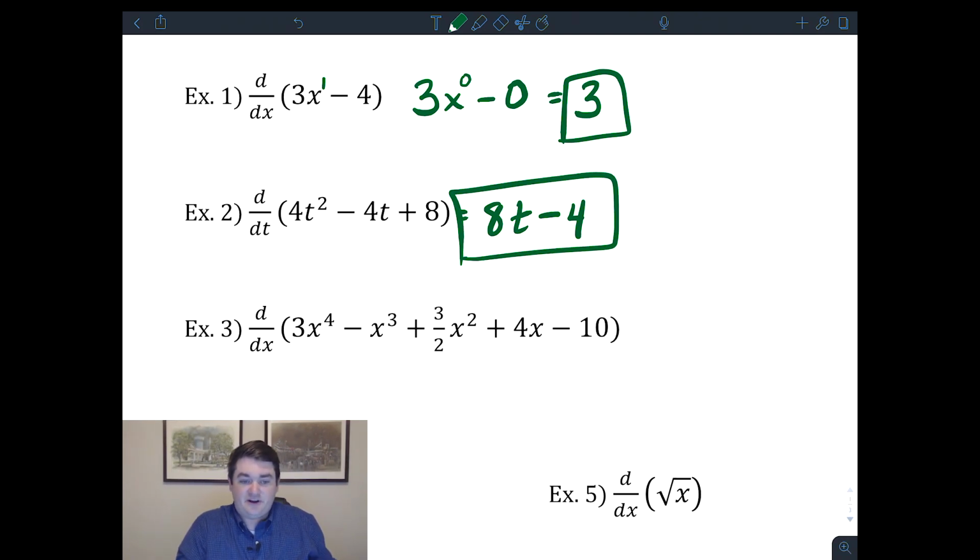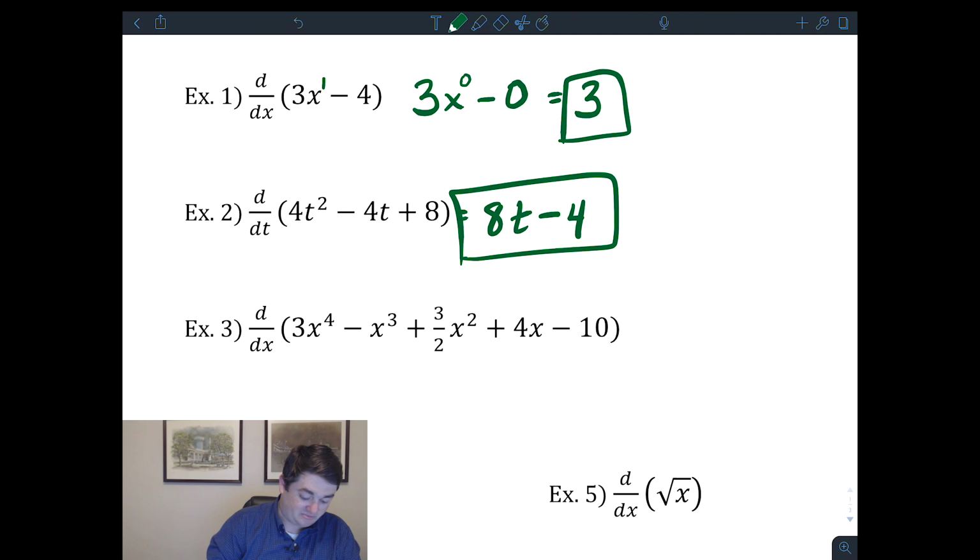And example 3, find the derivative of 3x to the fourth minus x cubed plus 3 halves x squared plus 4x minus 10. Okay, as long as it's something times x to a number power, we can use the power rule. So even though there's a lot of pieces, each one independently is pretty easy.